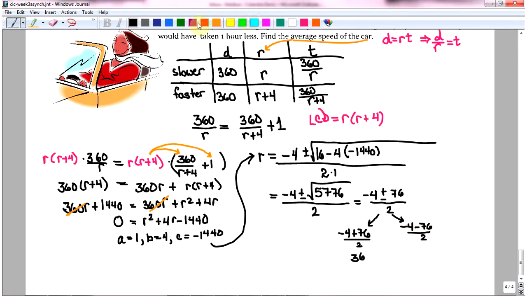Well, this is going to be a negative number, and since this represents r, we cannot have a negative rate. Okay, so it looks like we have our answer. The average speed of her car was 36 miles per hour. So she was not going very fast at all.